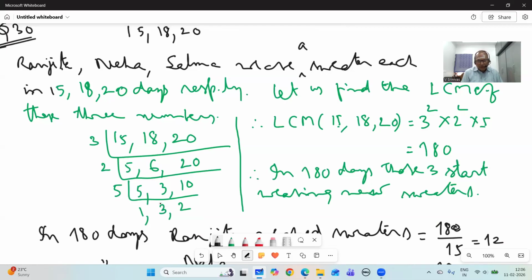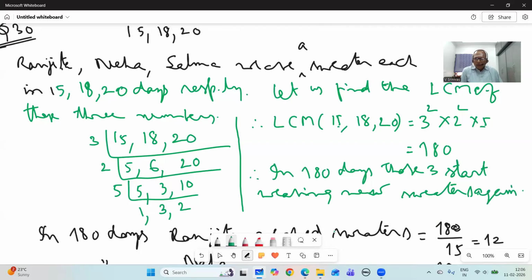Now you are left with prime numbers, and 1 is allowed. Now LCM becomes the product of all these, as well as this. That's how you get the LCM of these three given numbers is equal to 180. Now, therefore, in 180 days, those three people start weaving new sweaters again. Okay, that also is important.